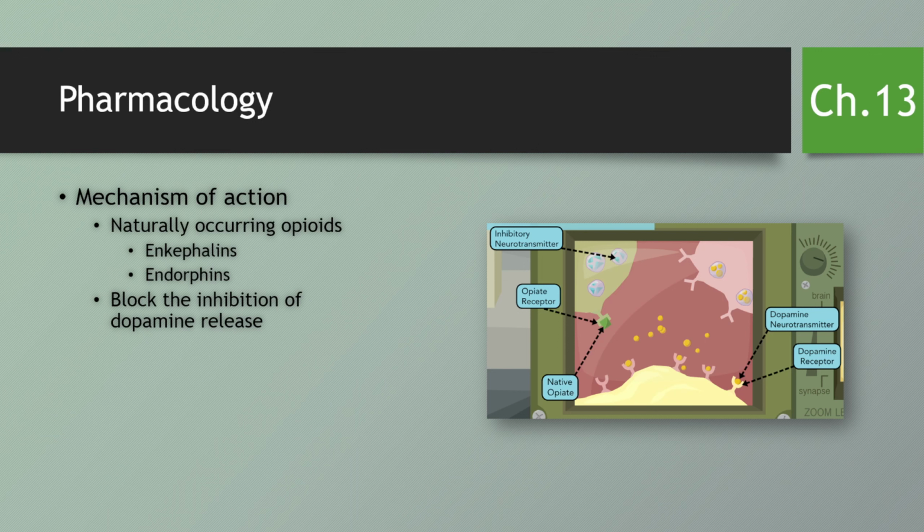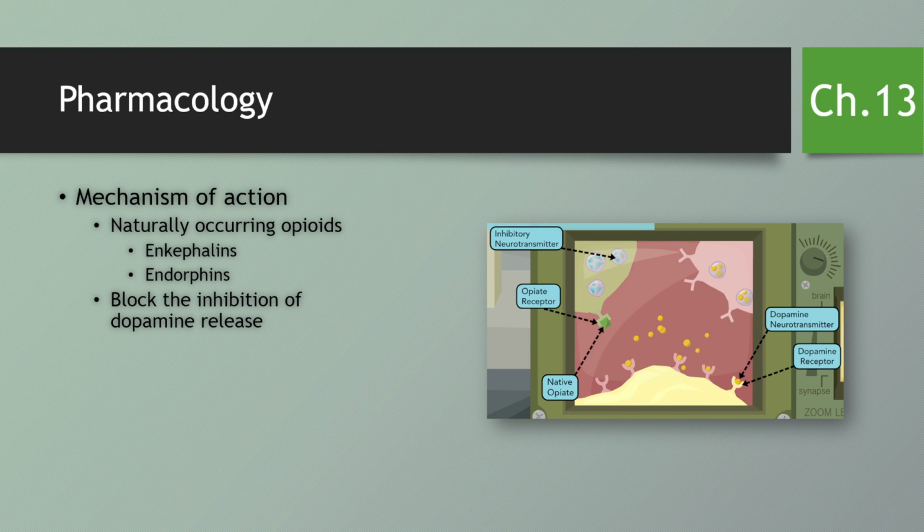Their job is to block the inhibition of dopamine release. We also have neurotransmitters that go in and block dopamine from being released, and what these do is stop the stopping of dopamine being released. So it's a double action here.